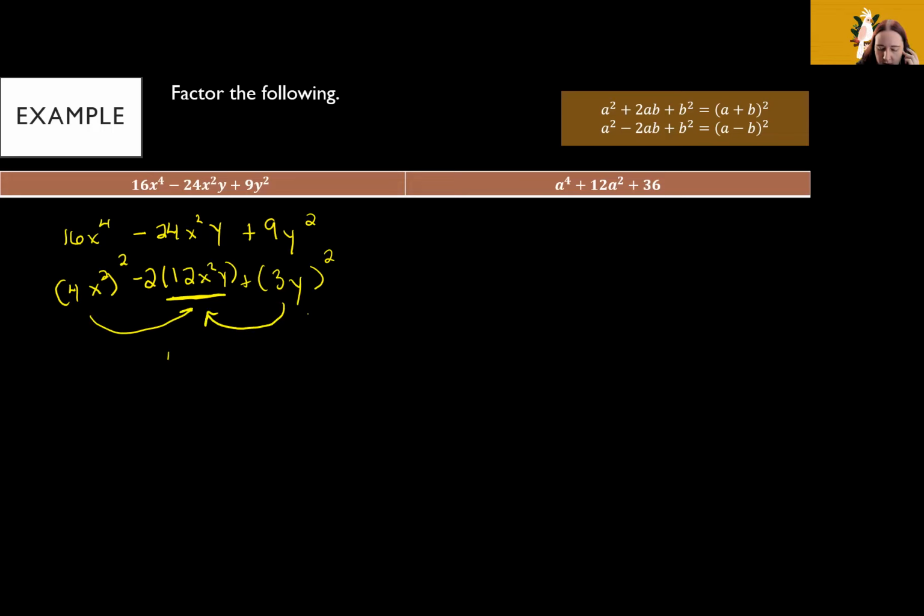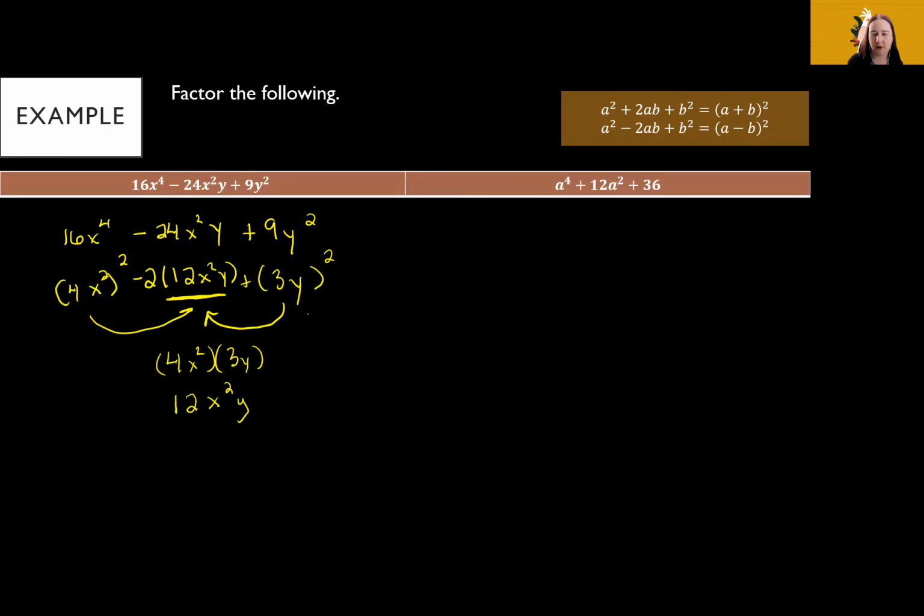So if I take 4x squared and multiply it by 3y, do I get 12x squared y? So 4 times 3 is 12, and then I have an x squared y, and I do. So the first part and the last part, when I multiply those, I do get that middle. So that means that, yes, this is a perfect square trinomial.